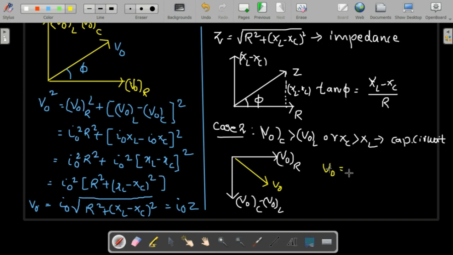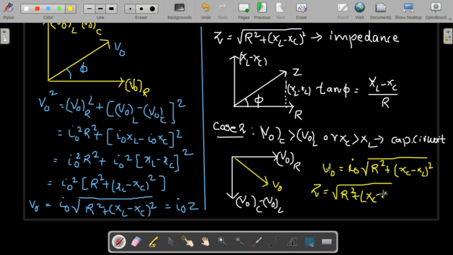So this would be I naught root over R square plus, now this time XL is not greater than XC, XC is greater than XL, so it would be XC minus XL whole square. That means my Z is going to be root over R square plus XC minus XL whole square, right?